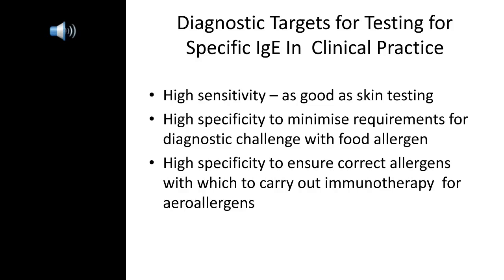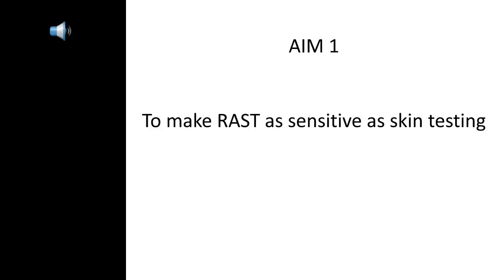You might have to make sure that the test completely rules out and completely rules in, if possible, reactions, and also with the immunotherapy as well. So I just wanted to put that down as a clinical feeling. So the aim one, and I'll just whiz through this, was firstly to make the RAST as sensitive as skin testing, and this was done by a range of manufacturers.